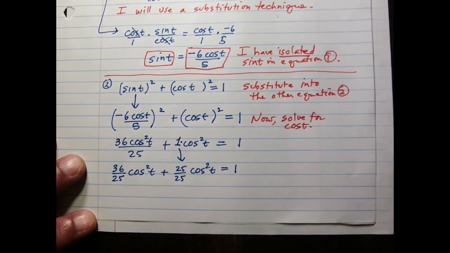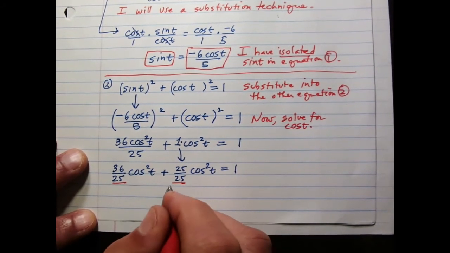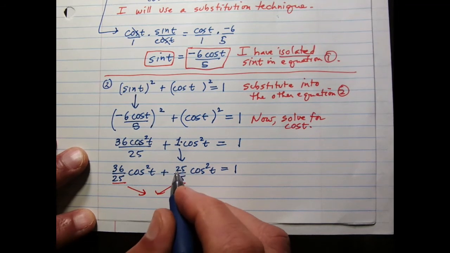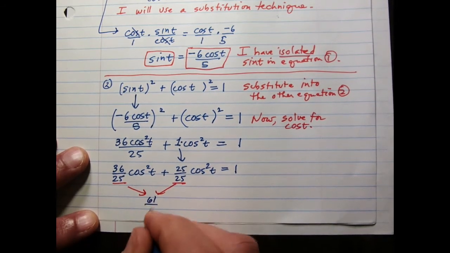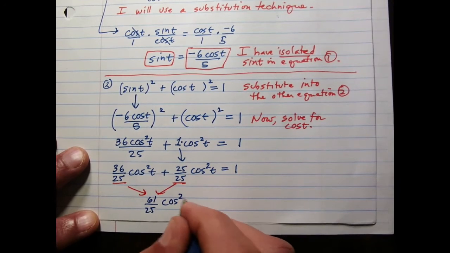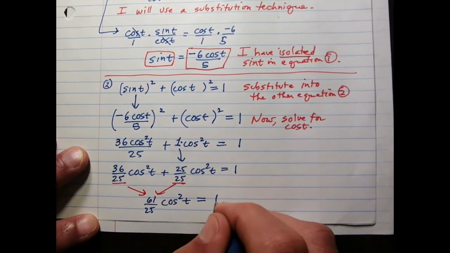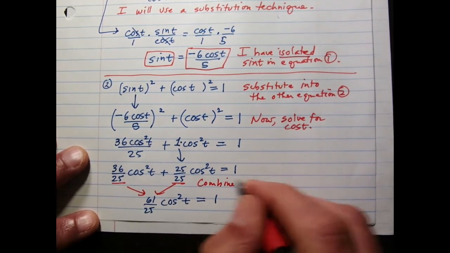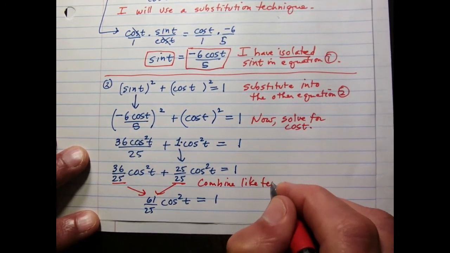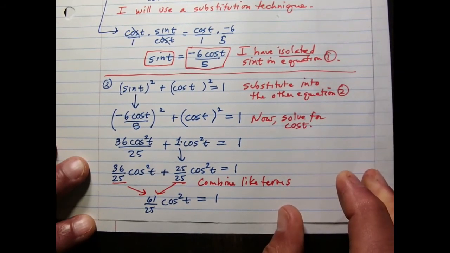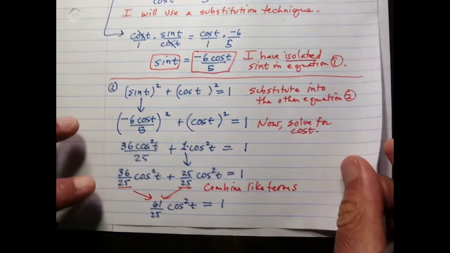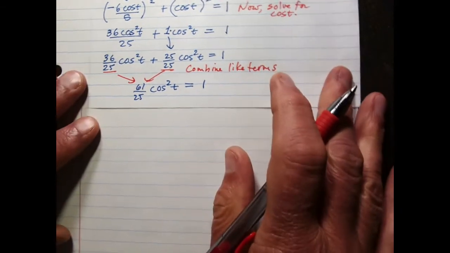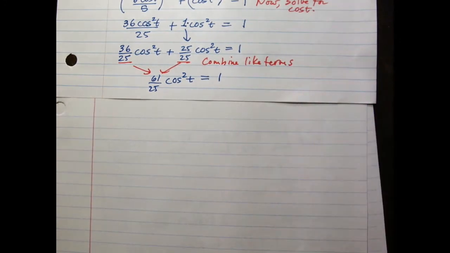And now I can just add the coefficients and combine those like terms. 36 plus 25 is 61/25 cosine squared t. I'm just combining like terms. Okay. And now I think I'm going to continue on a separate sheet of paper so I can spread out.